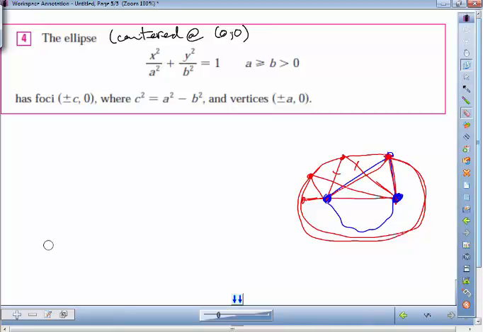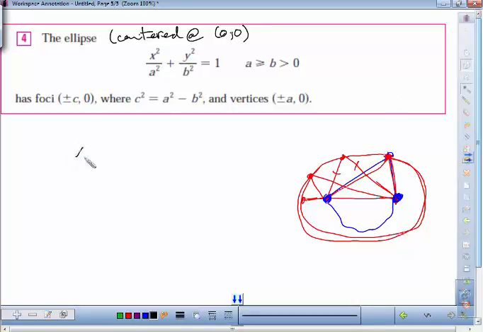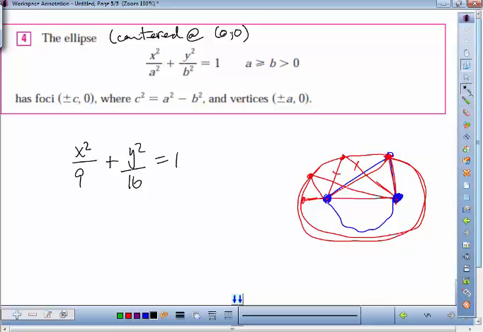So if we take a simple example, like maybe x squared over 9 plus y squared over, I don't know, 16 equals 1. Oh, a has to be bigger than b. Sorry. Let me change the 9 into a 25.